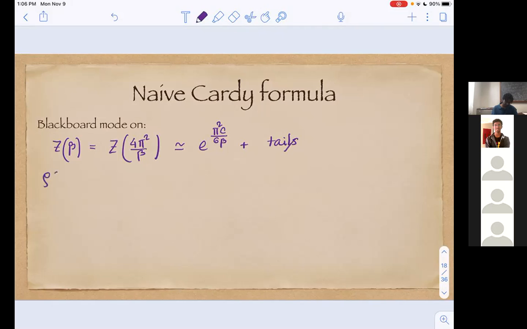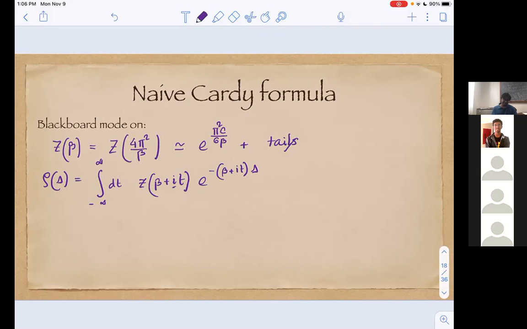Formally, we can write down rho of delta as the inverse Laplace transformation of this quantity, and then I integrate it from minus i infinity to plus i infinity. Sorry, just a second, I miswrote. So this goes from minus like this, because I already have the i here. So formally, rho of delta looks like an inverse Laplace transformation.